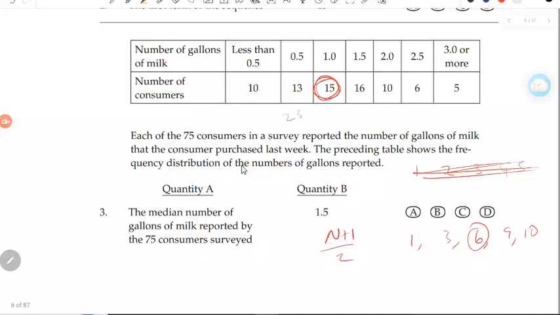If the median falls under here, it means that the median is 1.0. So 1.5 is greater.